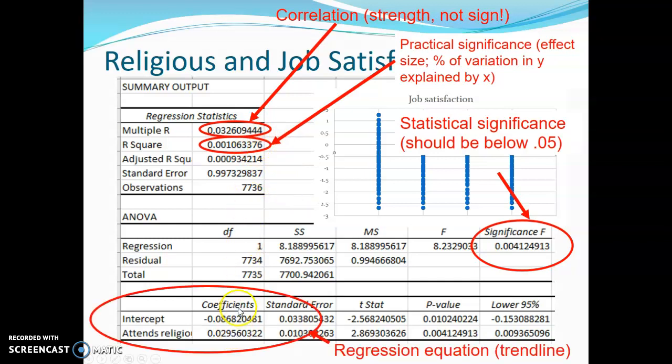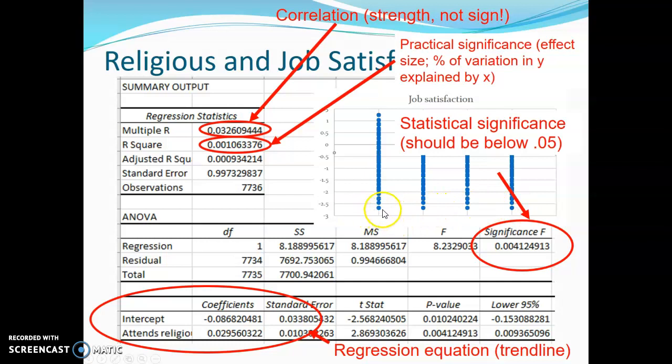And then we go down to the prediction equation or the regression equation, the trend line. So the equation would be predicted job satisfaction equals negative 0.08 or 0.09 plus 0.029 or 0.030 times whatever their score was on that religious variable, that X variable, how often they attended service.